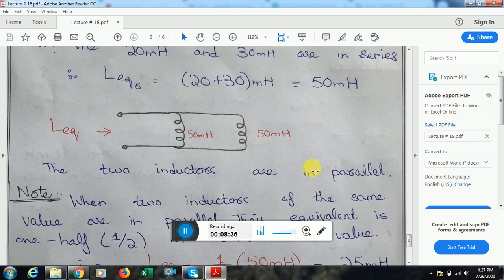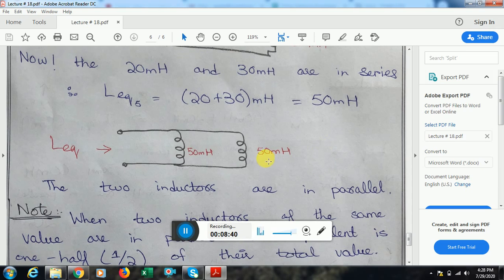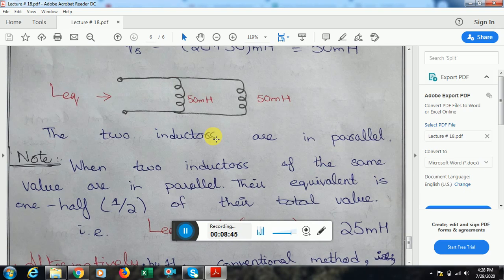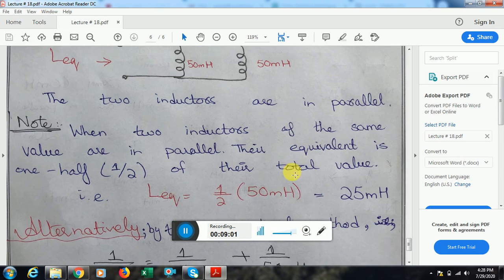I told you in the resistance topic that when two parallel resistances or two parallel inductances are of equal value, their equivalent is 1/2 of the net value. If we have 50-50, the equivalent would be 25. If we had 40-40, the equivalent would be 20. So the rule is L equivalent is 1/2 of the value, since they are both the same. That's why I'm using this rule, which gives 25 millihenry.